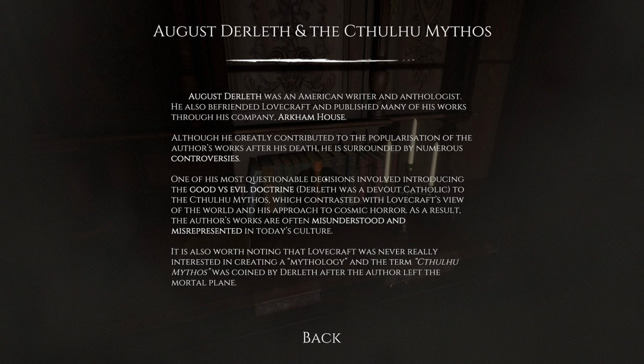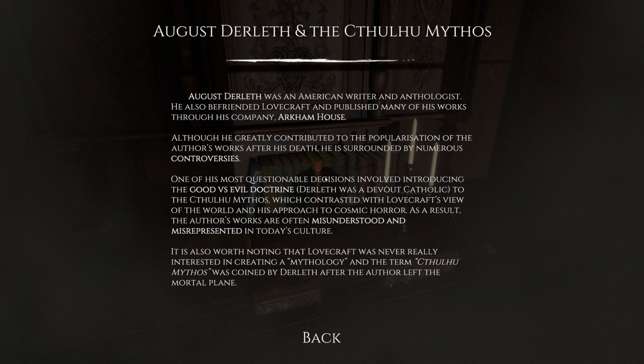August Derleth was an American writer and anthologist. He also befriended Lovecraft and published many of his works through his company Arkham House. Although he greatly contributed to the popularization of the author's works after his death, he is surrounded by numerous controversies. One of his most questionable decisions involved introducing the good versus evil doctrine.